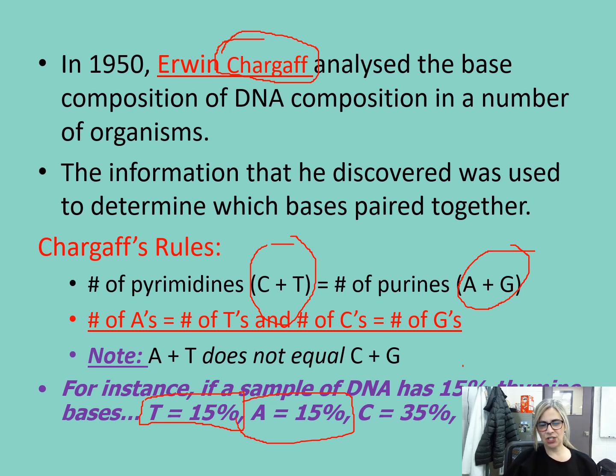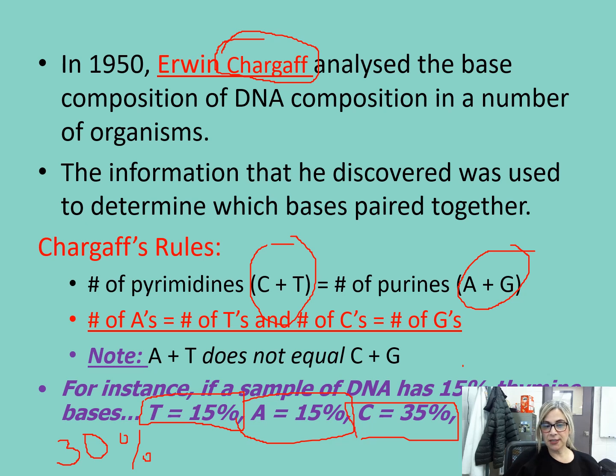And then, of course, just like is typical with percentages, we can only go up to 100%. So your next step would be to say, okay, my adenine and my thymine together add up to 30% of my DNA sample. And now I have 70% left. Because the percentage of your cytosine has to be equal to the percentage of your guanine, that's where the 35 comes from.